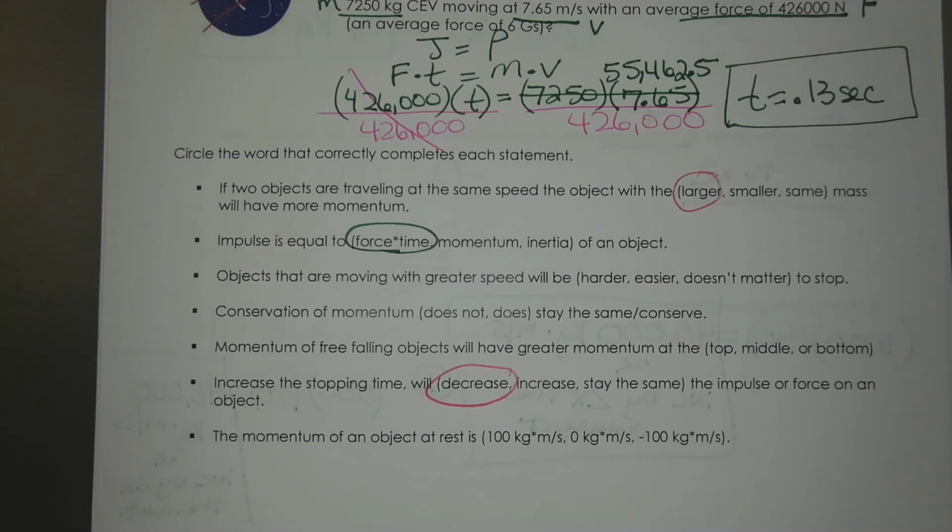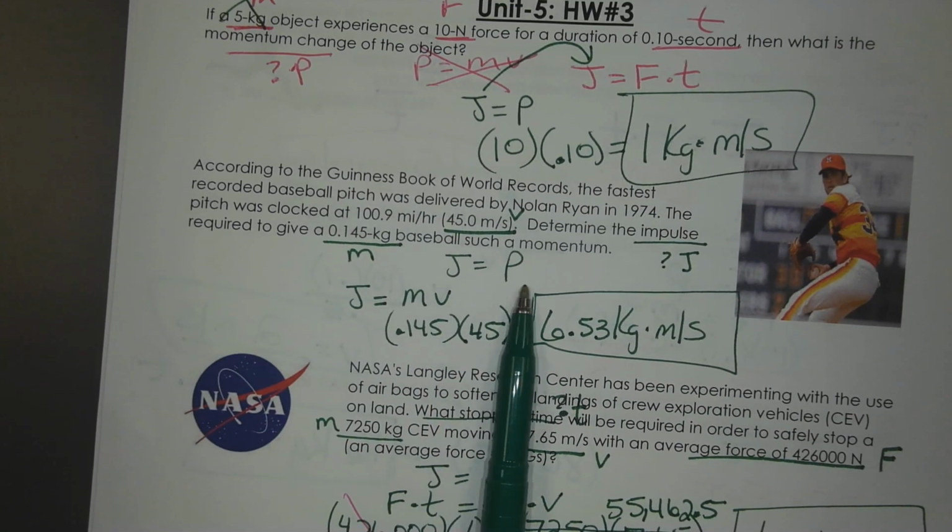The cool thing with math and with physics is that there's more than one way to get around it. And I know that we talked about J equals P, or momentum equals impulse. Remember, momentum is the movement and impulse is stopping it. And didn't we just do some math problems over here, for example?